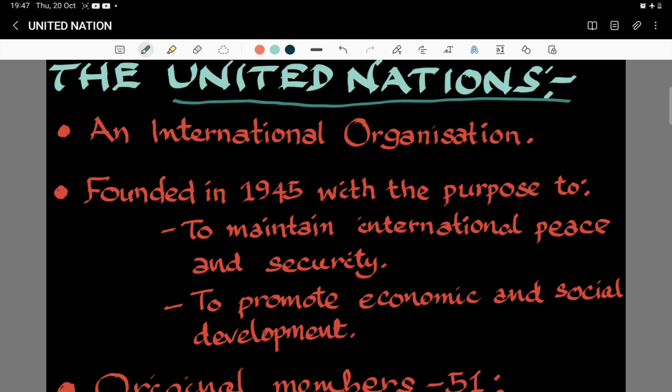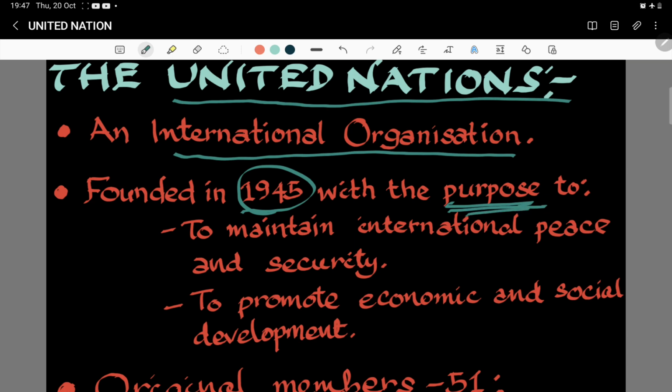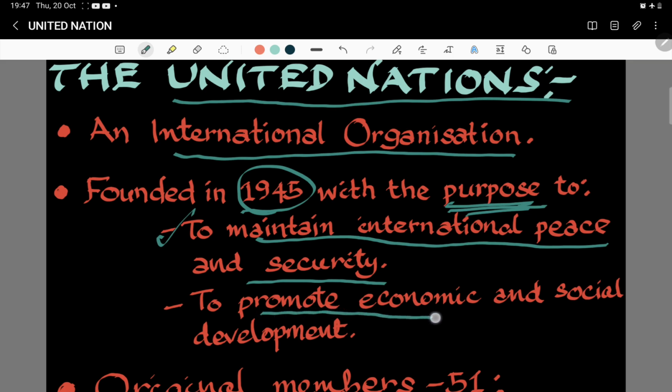So, the United Nations is an international organization which was founded in 1945 with two basic objectives or purposes. What are those? The first objective is to maintain international peace and security, and the second one is to promote economic and social development among its member states.